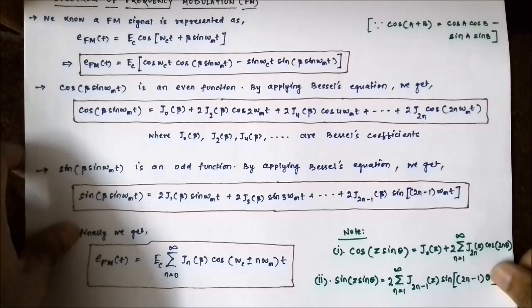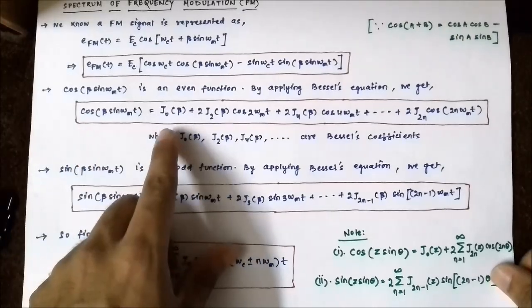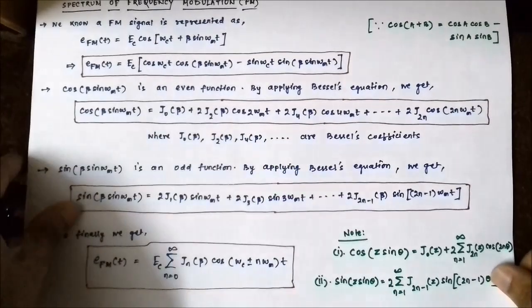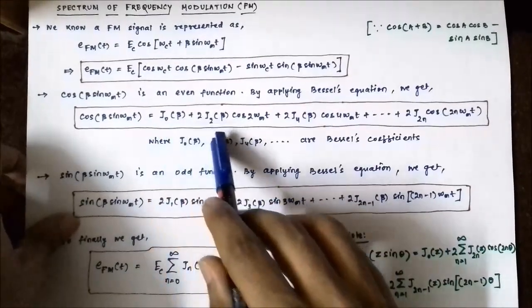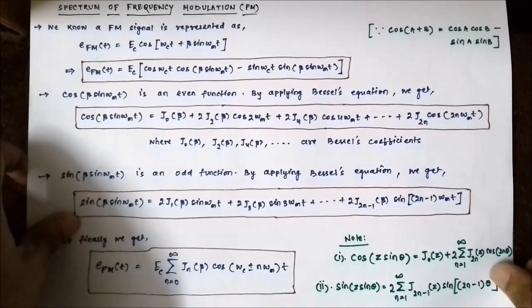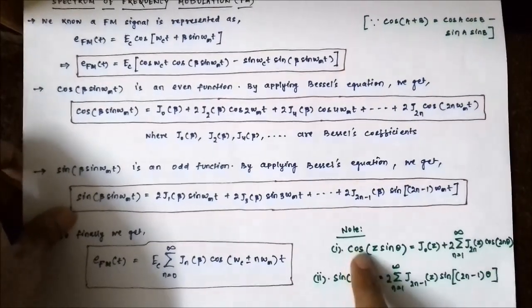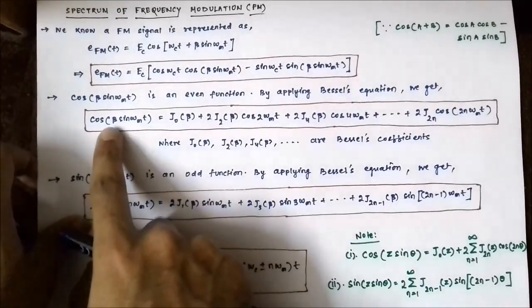One thing to note here is that as cos is an even function, all the Bessel's coefficients are of even type: J0, J2, J4 and J_2n. This identity, the cos(z sin theta) expansion form, is applied here.